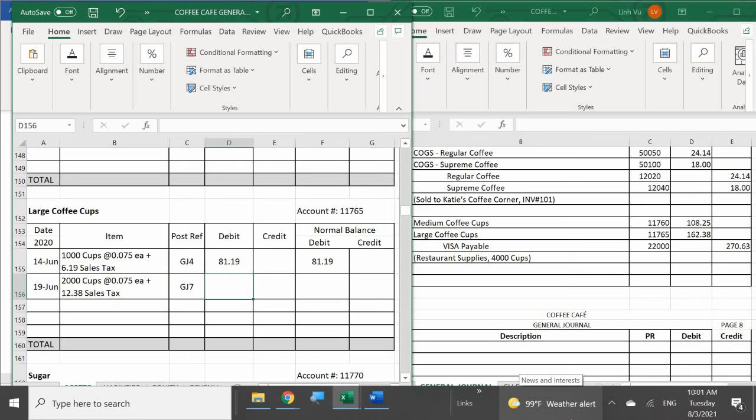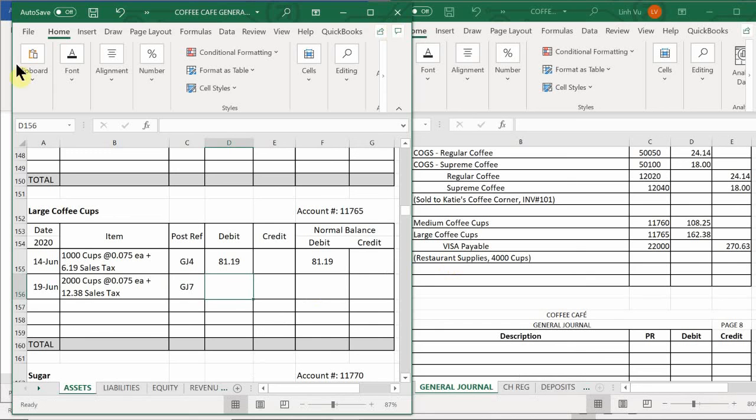What was the total for my large cups? 162.38. All right. So we're gonna go up 1, plus any debit, subtract any credits to get 243.57.